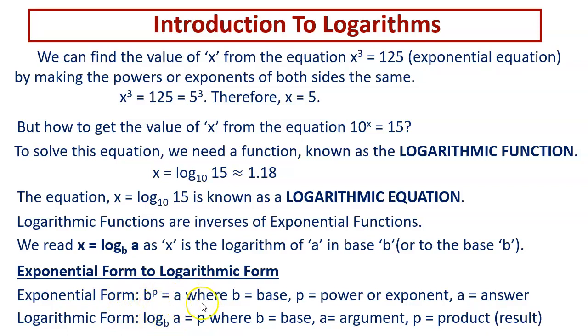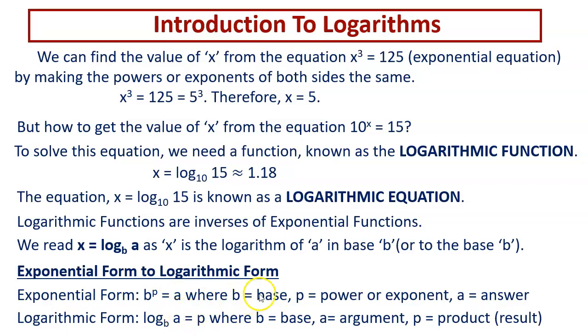And a is the answer for the exponential form, which can also be thought of as the argument. So it is the answer. What is the answer for the exponential form becomes the argument for the log form, because a can be representing the answer as well as it can represent the argument.